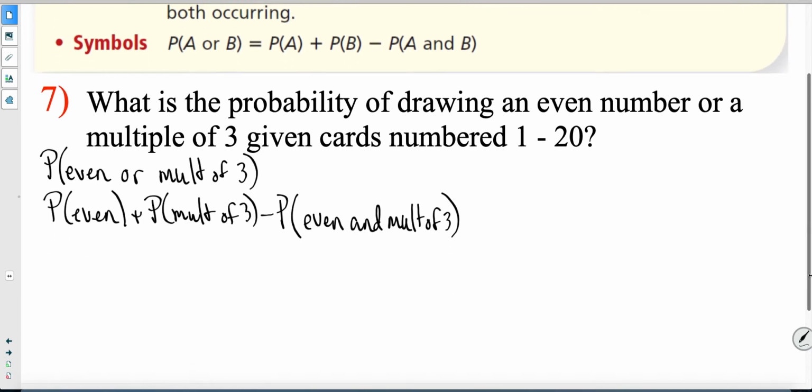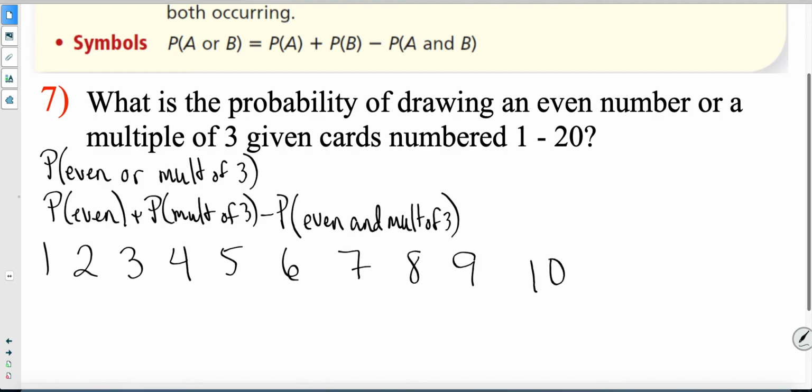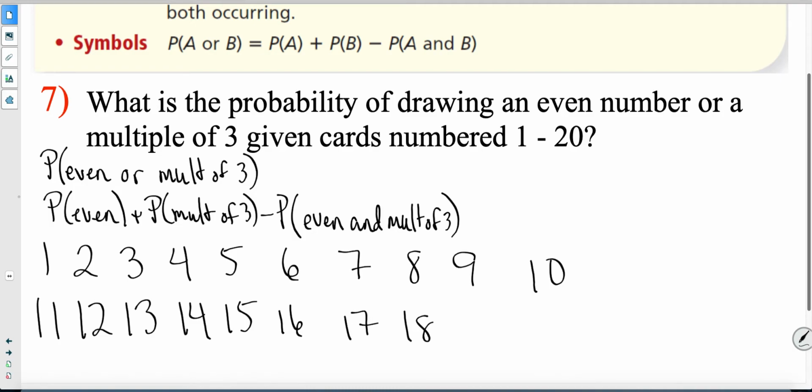So the way we're going to take care of this one is we're going to write out 1 through 20. And then we're going to see the overlap there. All right, so go ahead and write out 1 through 20. We're going to find the probability of getting an even number.